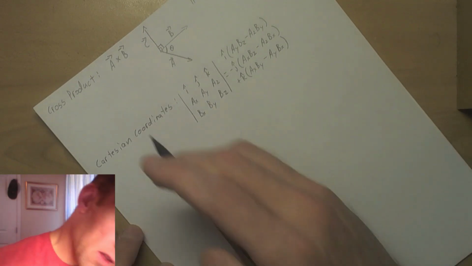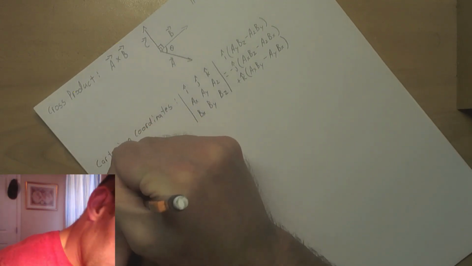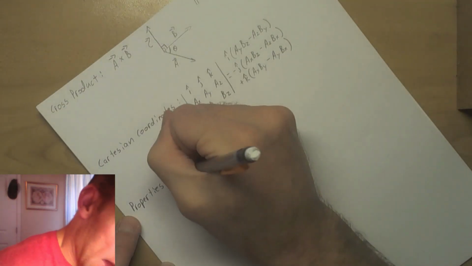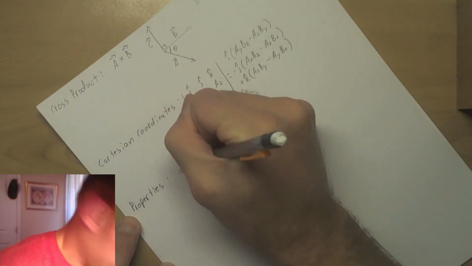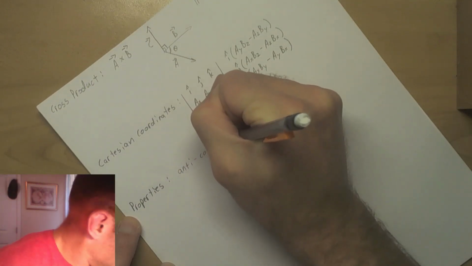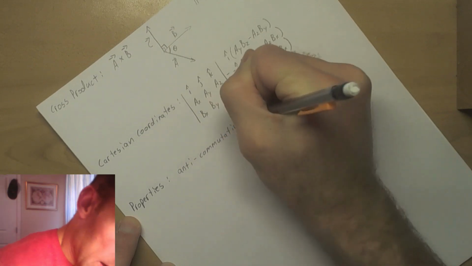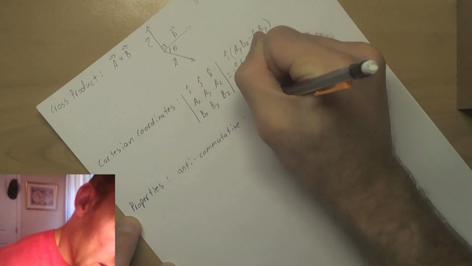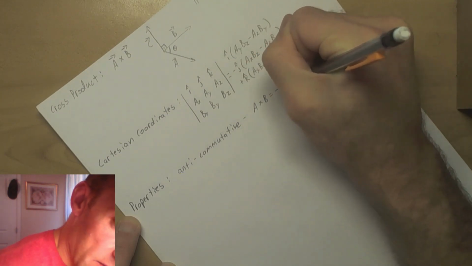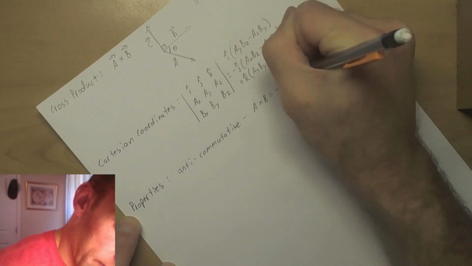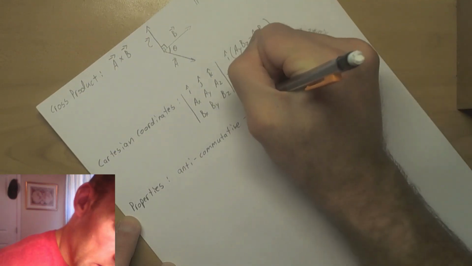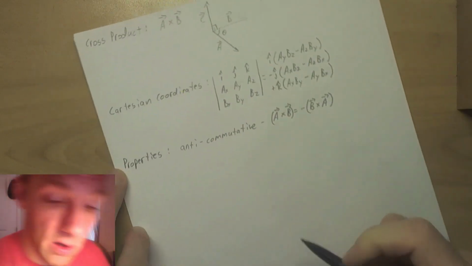All right, so the properties of the cross product are that it anti-commutes. It's anti-commutative. That means A cross B is the negative of B cross A. And that's clear.